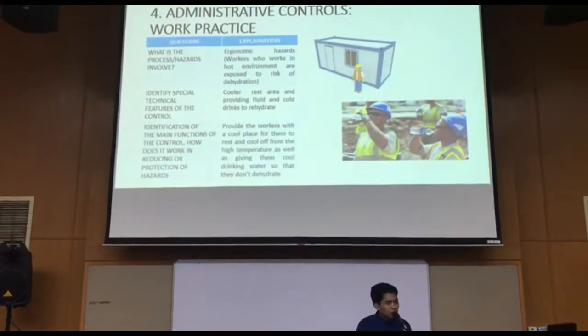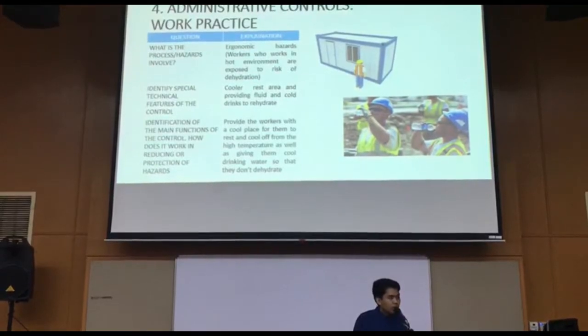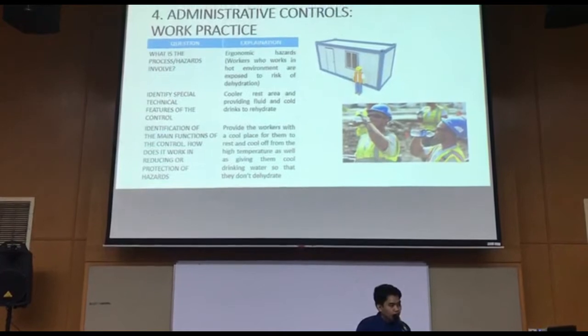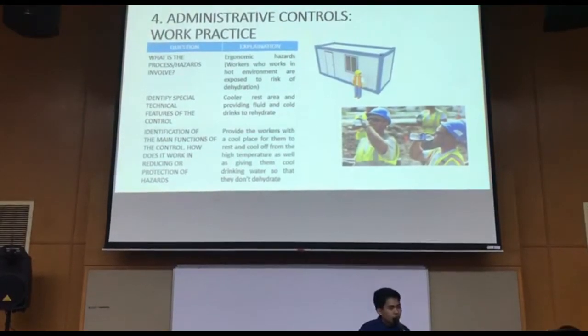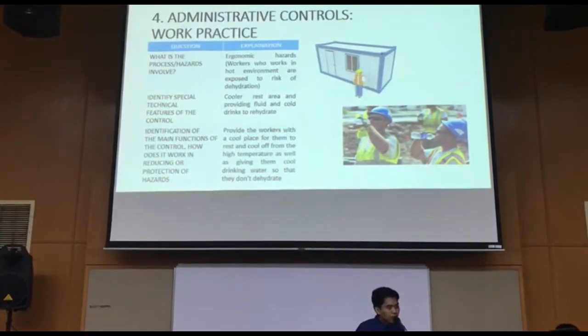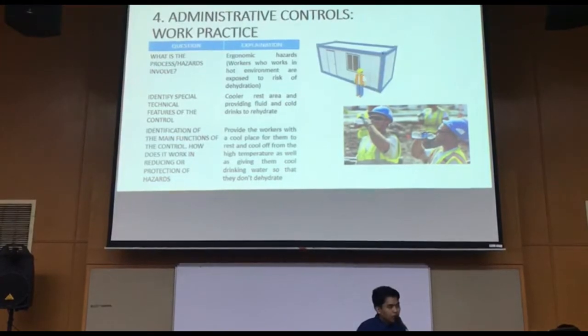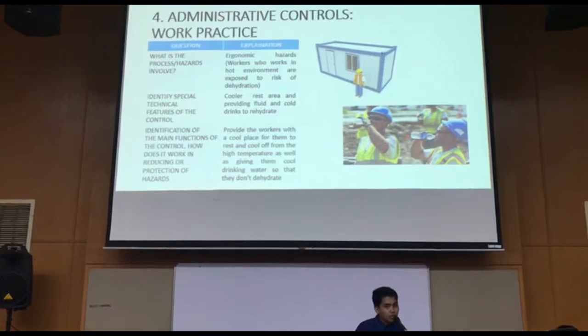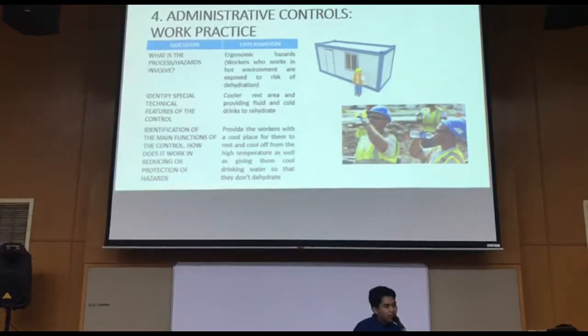So how do we identify special technical features of the control? We need to have a cooler rest area and provide fluids and cold drinks to the workers to rehydrate.